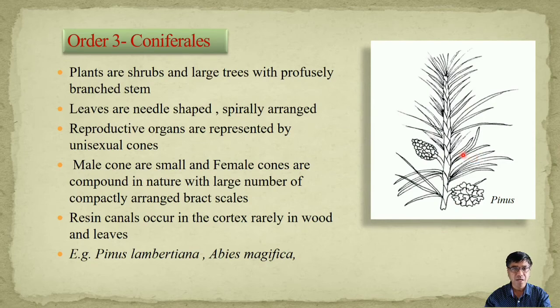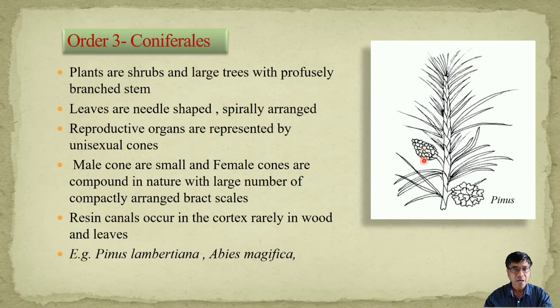Reproductive organs are represented by unisexual cones, means each flower has either male or female part. Male cones are small and arranged in a more or less compact cluster.